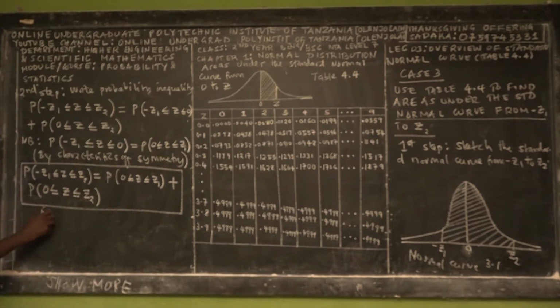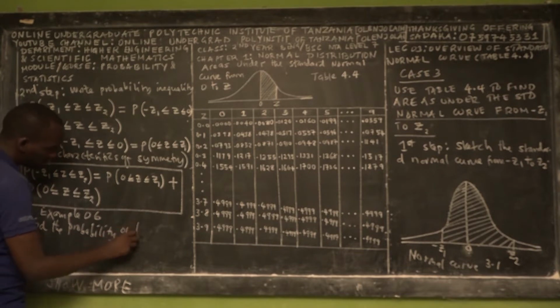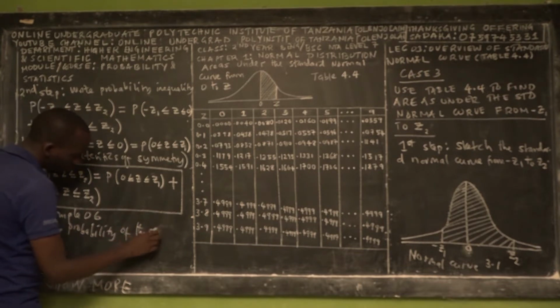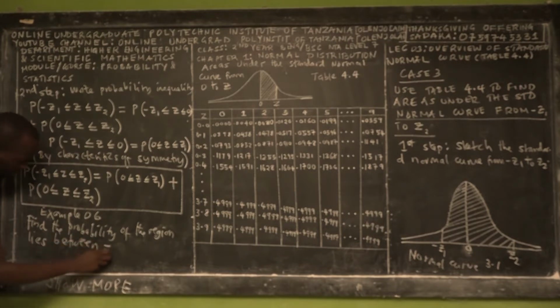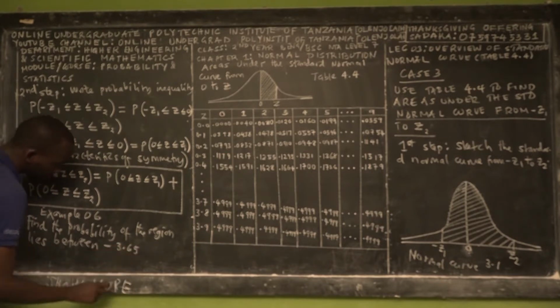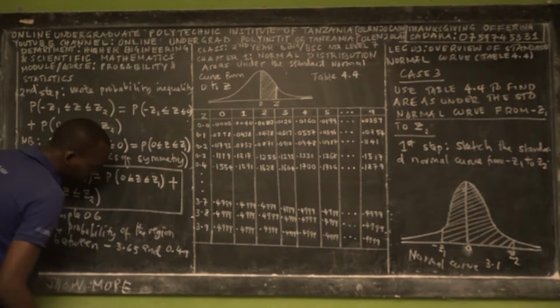So let us solve example 6. Find the probability of the region that lies between -3.65 and 0.49.